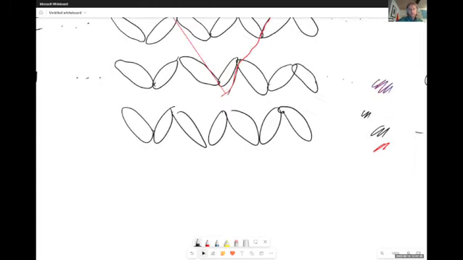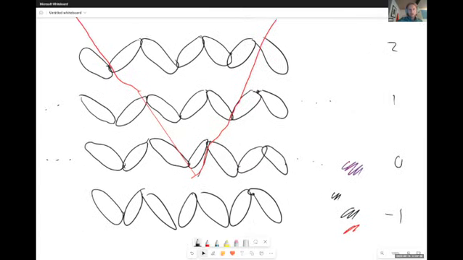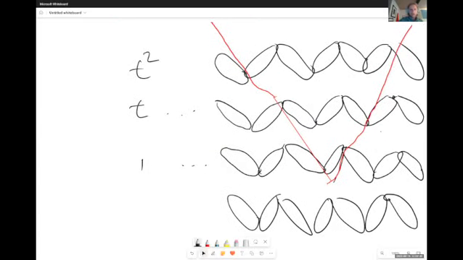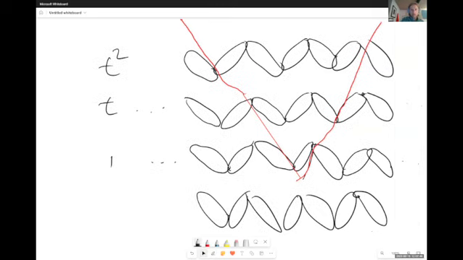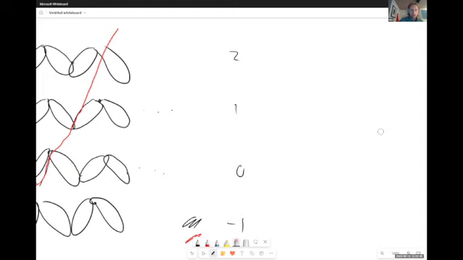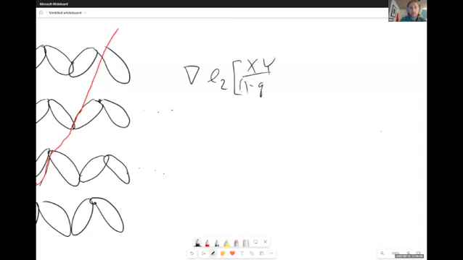So to give you the SN action, let's write this here. In this example, we have nabla of E2 of xy over 1 minus q times 1 minus t, where k is equal to 1.